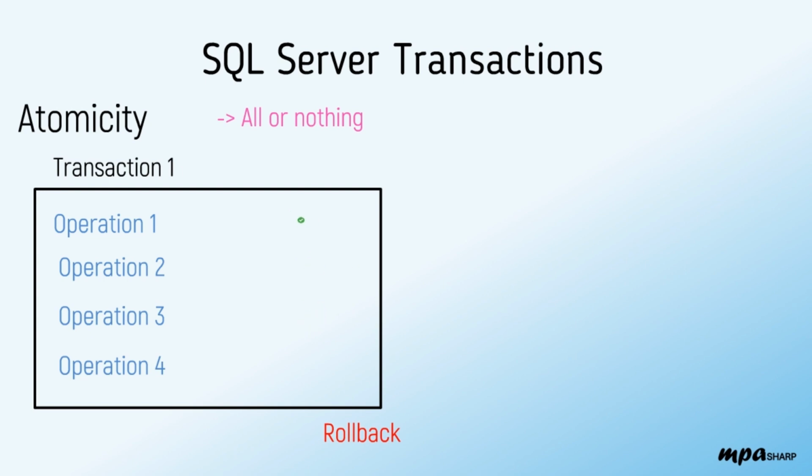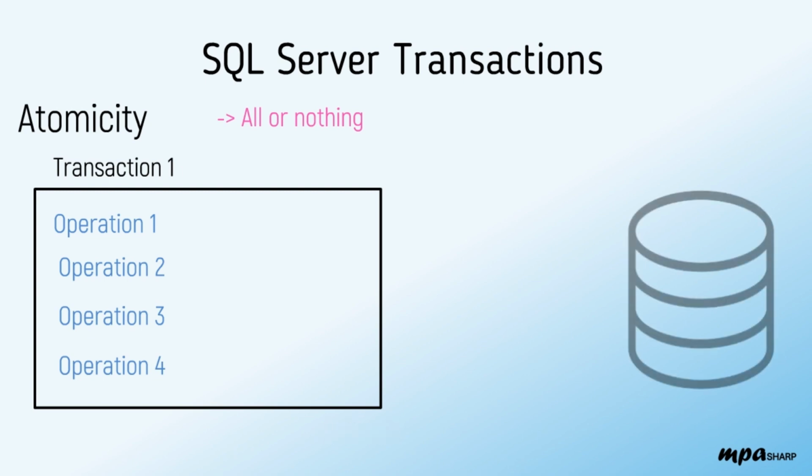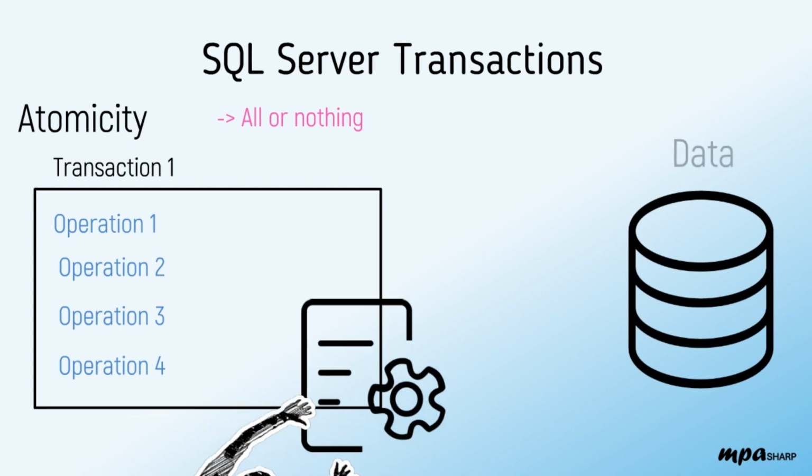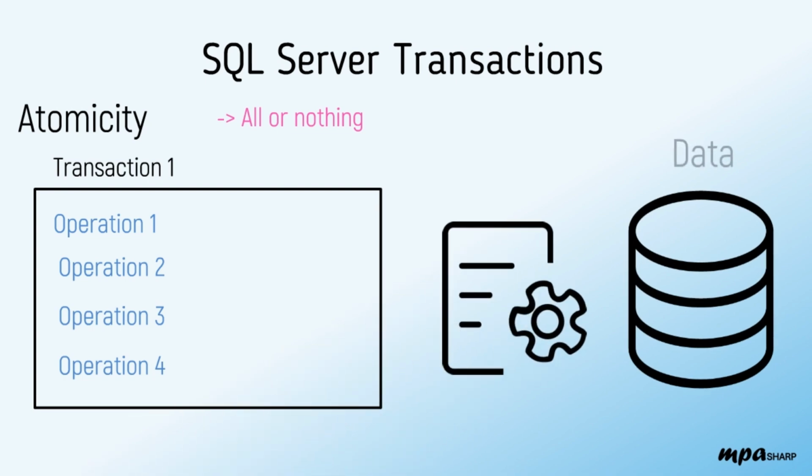How is it implemented in SQL Server? SQL Server uses the transaction log. In addition to the database file, there is another file called the transaction log file. We keep track of all changes made within a transaction in this transaction log. If a transaction needs to be rolled back, SQL Server uses this log file to undo those changes.